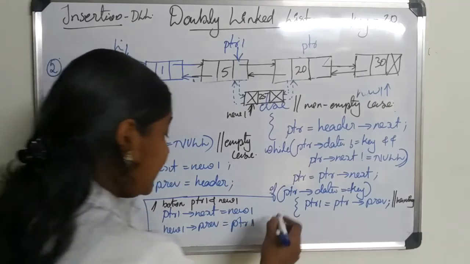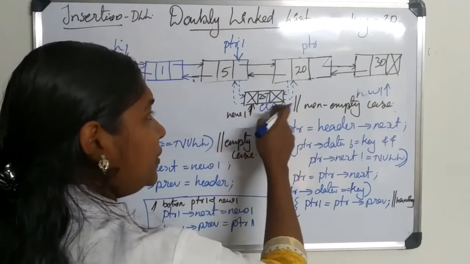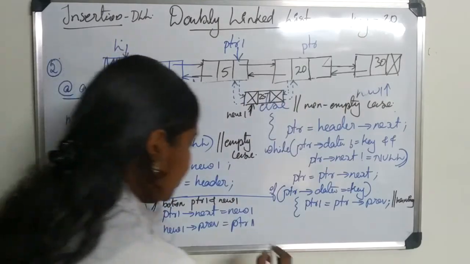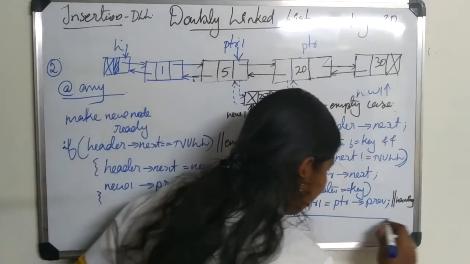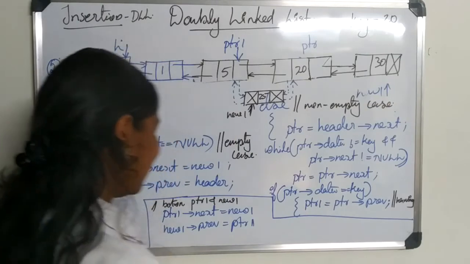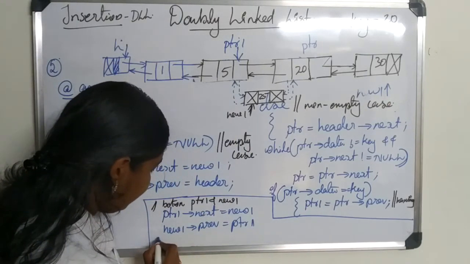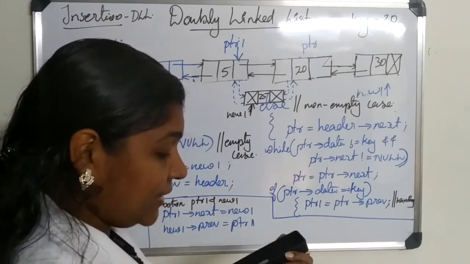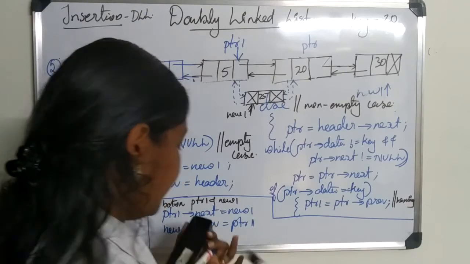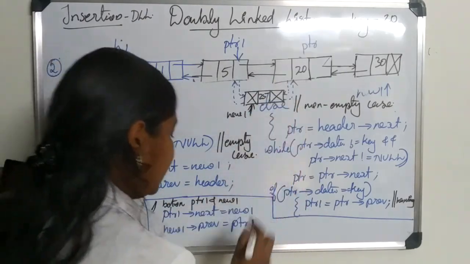Then which is the next part? Next is managing the link between the new one and ptr. So you do it. This space is not there, so I am adjusting in this space. Okay. So after this line, I am writing here itself. I'll use different colors so that you can identify. Okay. So next is to manage the link between the new one and ptr.